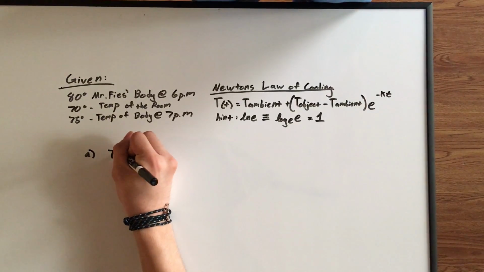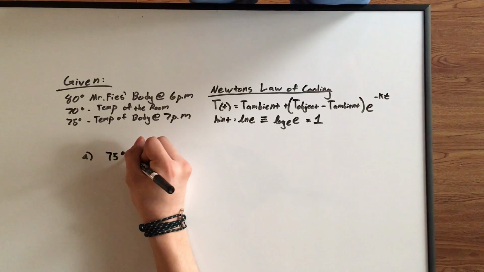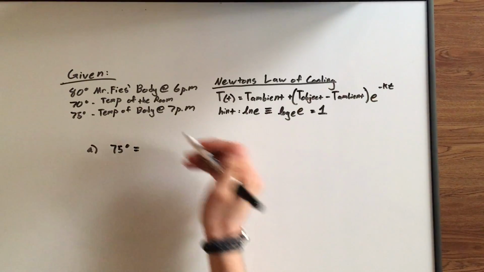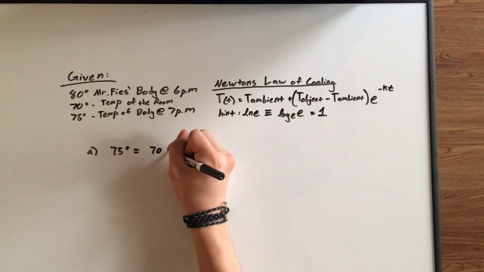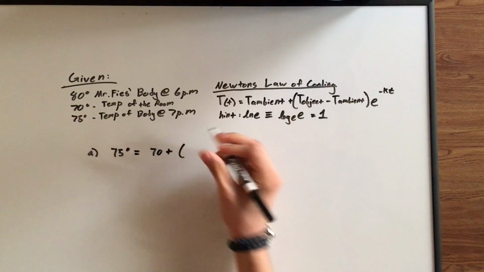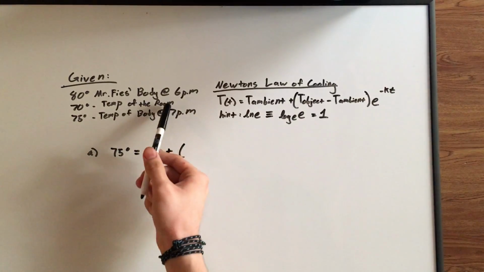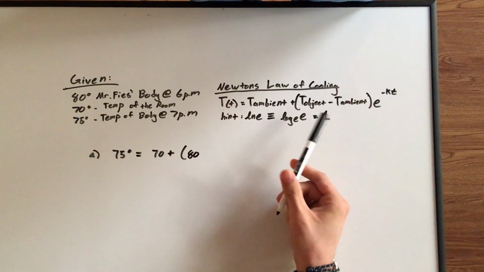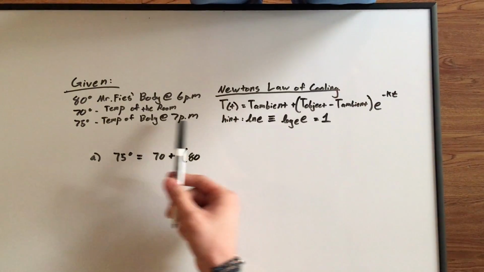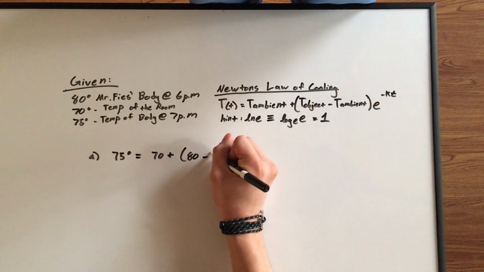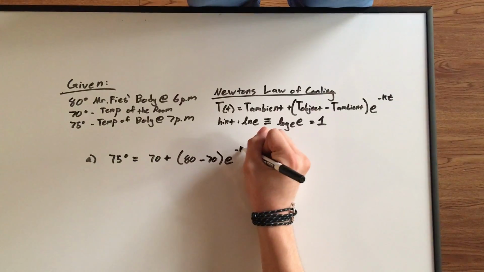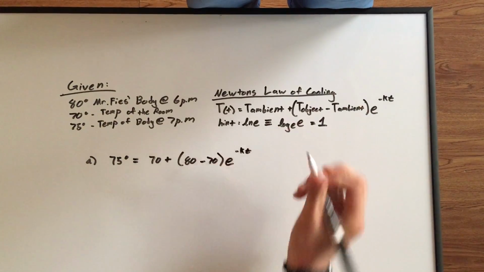We've got the temperature of the body, which is 75 degrees, is equal to the temperature of the room, which is 70, plus the temperature of the object at the time we found him, which was 80 degrees, minus the temperature of the room, which is 70 degrees, times e raised to the negative k times t.